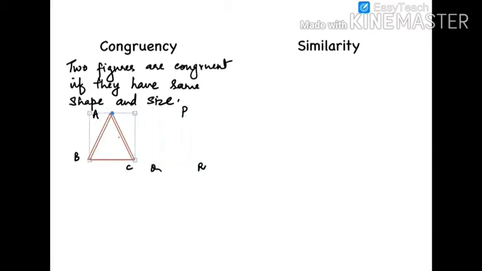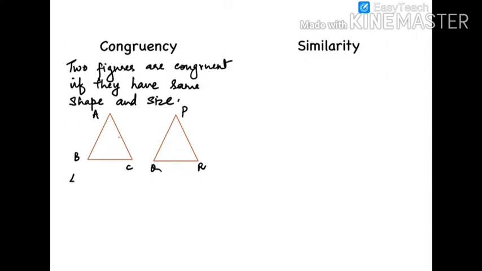If we overlap these two triangles, we see that these two triangles completely coincide. That is, the corresponding angles become equal and also the corresponding sides. And then we can say that these two triangles are congruent.